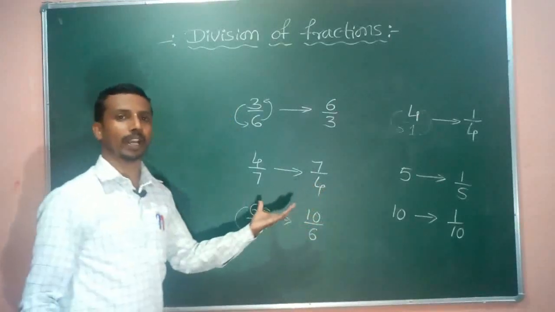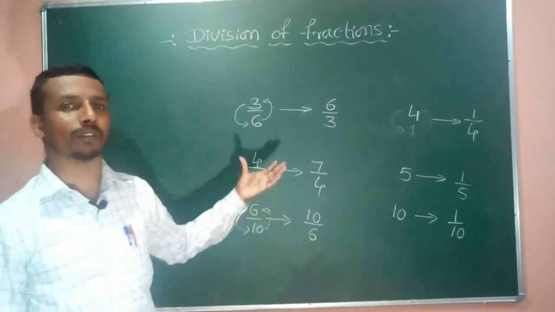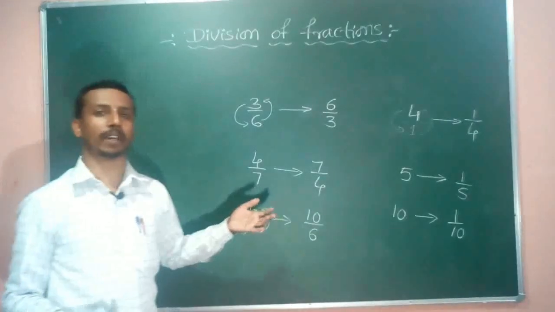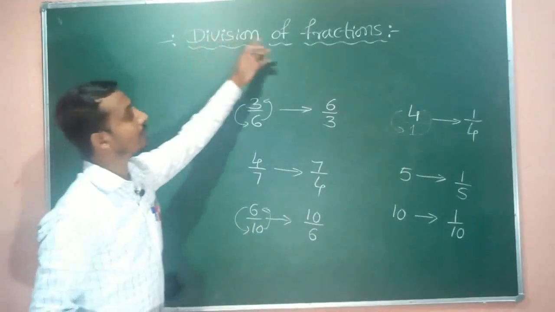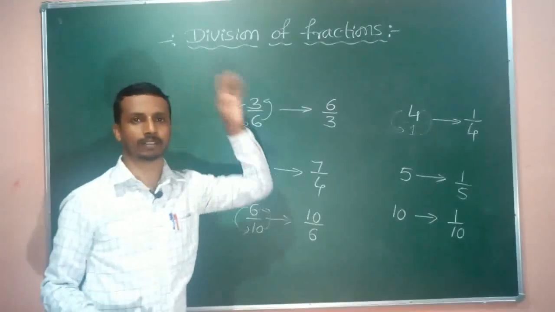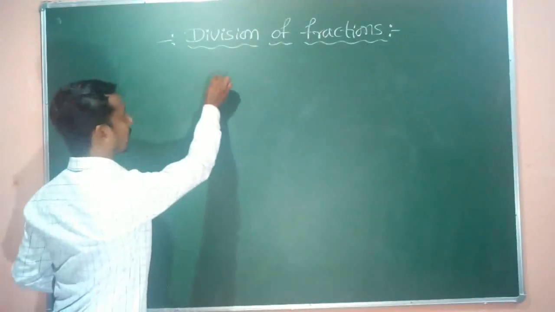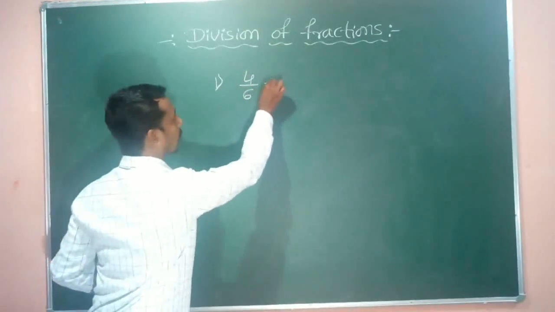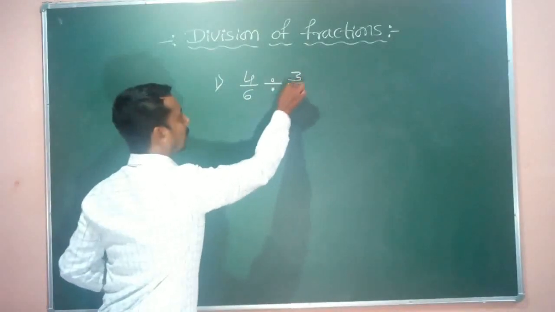Now we know how to write the reciprocal of given fractions. Now let us consider some examples of division of fractions. In this first example, 4 by 6 divided by 3 by 7.